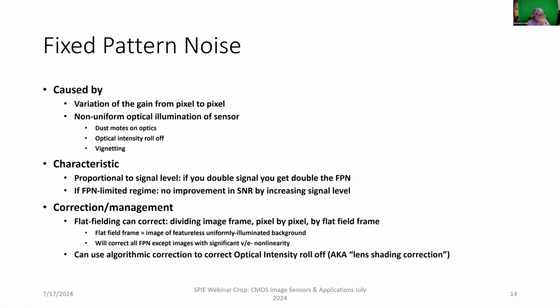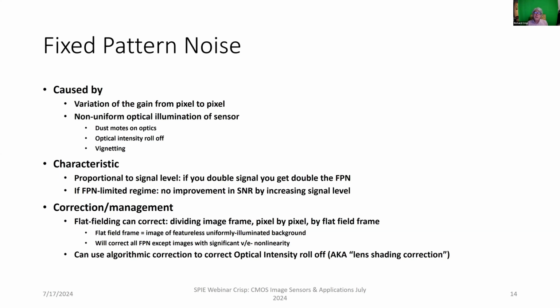Fixed pattern noise is another noise source that you see in images from real image sensors. And there's a couple of different types of it. The key one, the FPN of the image sensor itself, is caused by variation of the gain from pixel to pixel. But you can also have, I would call it, illumination or optical type fixed pattern noise, and that's caused by non-uniform illumination.